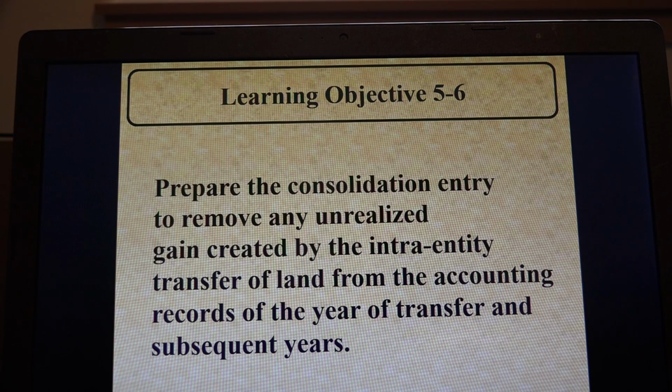You can have sale of equipment, you can have sale of land, but the main thing you need to know is how do you handle inventory, because if you can handle inventory, you can handle land sales, you can handle equipment sales. So, anyway, that's it for Chapter 5.